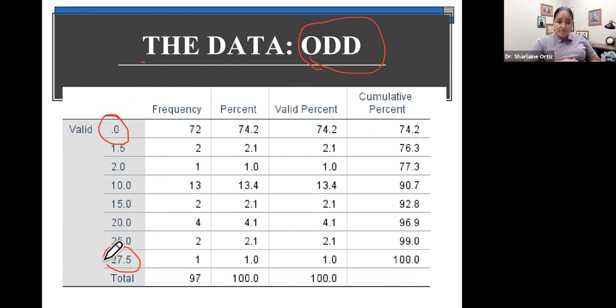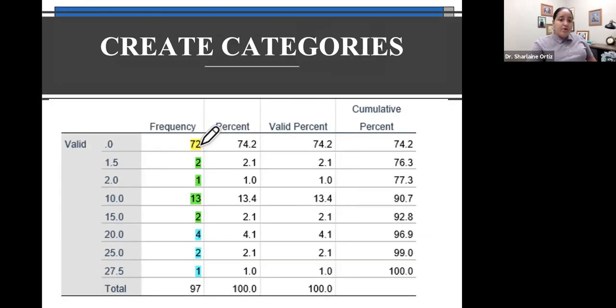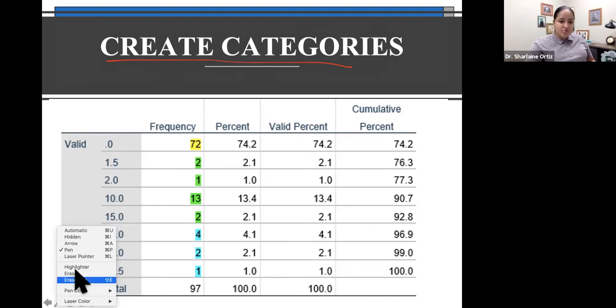Now, if you notice, in this respect, about 72 of all these participants simply did not show that amount of ODD. Now, if we move to our next example, we are going to create those categories. So think about, and I'm going to illustrate it with different colors because sometimes that's a little bit better as a visual representation.